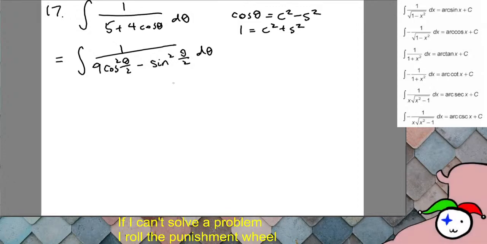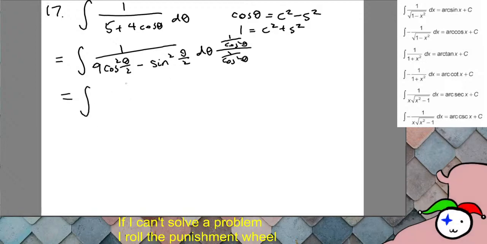Okay. Then you can divide each side by cos squared, maybe. Or times it by secant squared.